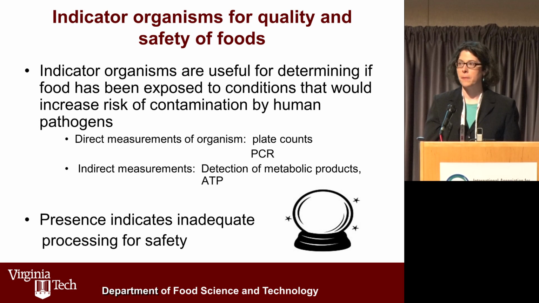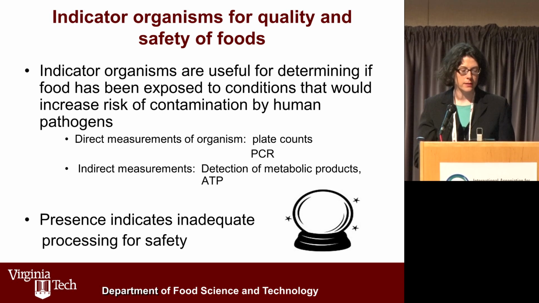There's also a number of methods using PCR and other ways for either a quantitative or just a yes-no answer about presence of these indicator organisms. Or from a sanitation aspect, many people are very familiar with indirect measurements such as detection of metabolic end products, especially lactic acids, those types of things for spoilage organisms, and ATP.